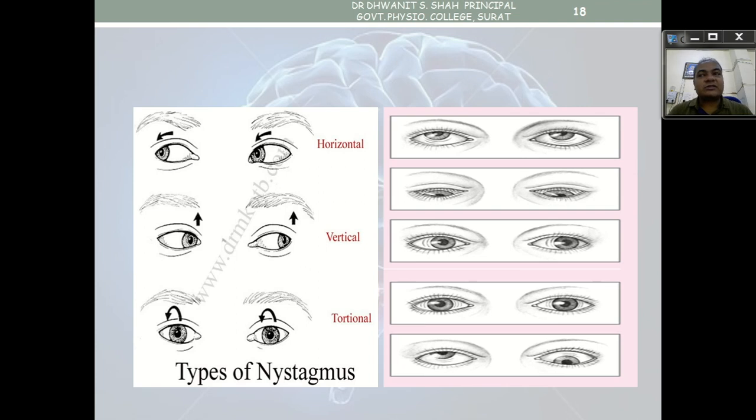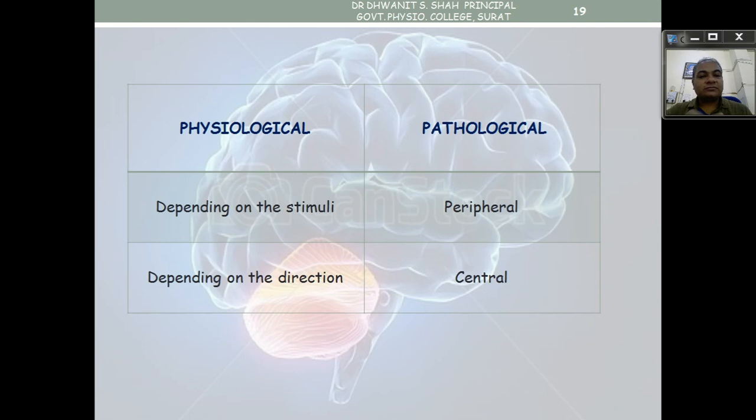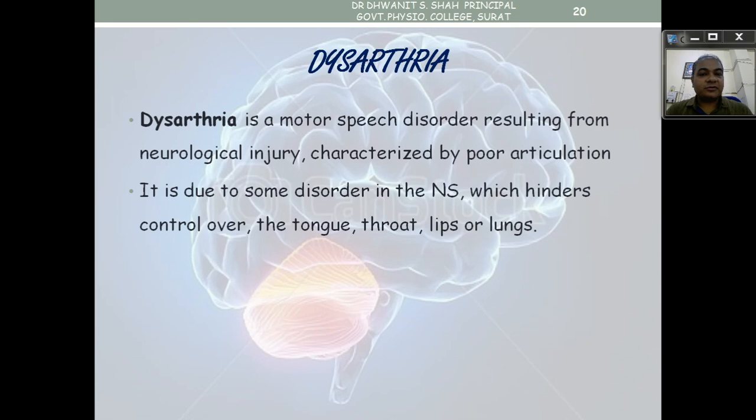In this, we tell the patient to move the eyes in horizontal, vertical, or torsional ways, and then you can see how the discoordination occurs between the two eyes. If one eye comes back but the other has not returned to the normal position after these movements, then nystagmus is present. Pathological nystagmus is always stimulated from the periphery, in the direction of the movement. This is a central pathological one.